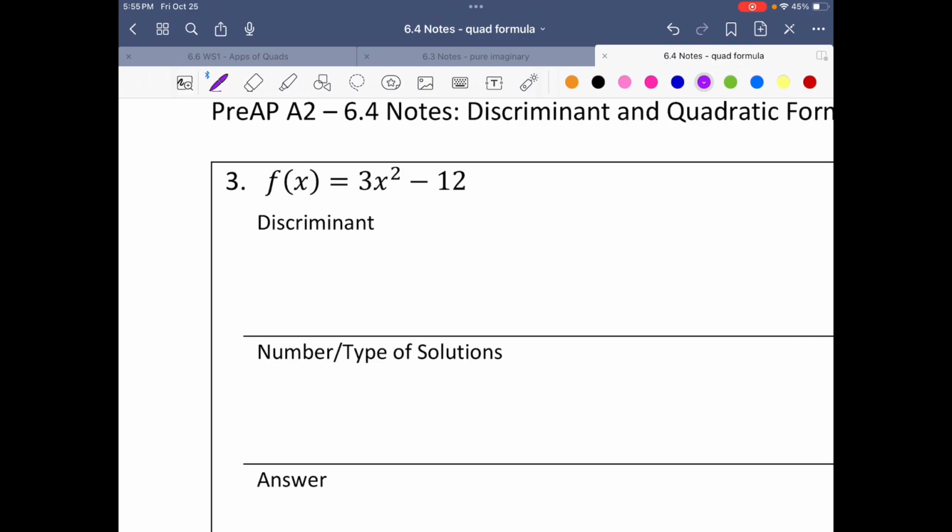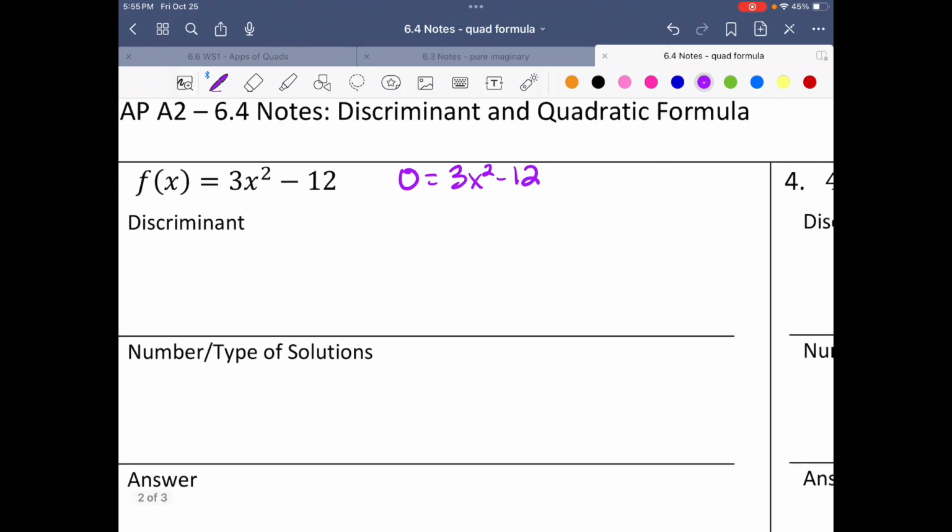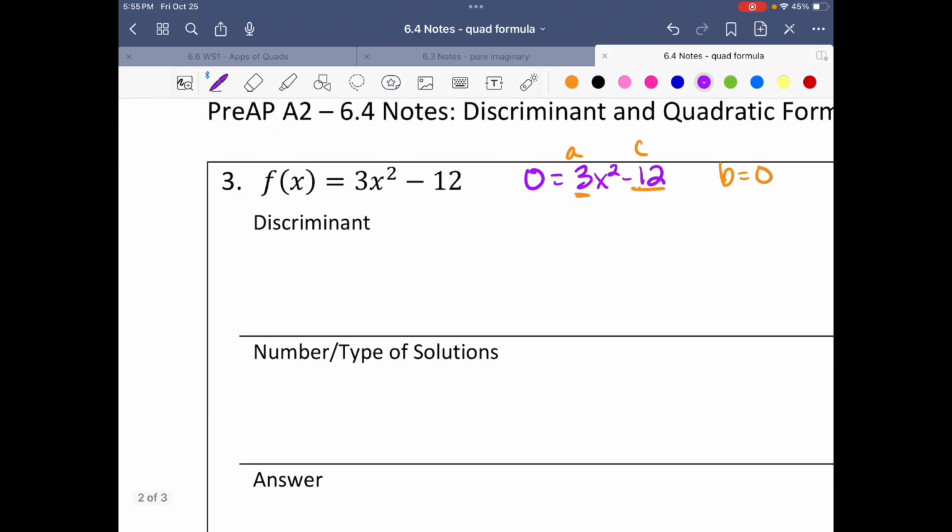F of x equals 3x squared minus 12, right? So get the equation equals 0. Remember, f of x is just fancy y, so replace f of x with 0. Identify the a, the b, and the c. So the a, I have the c, the b is missing, so it must be 0. All right, discriminant.